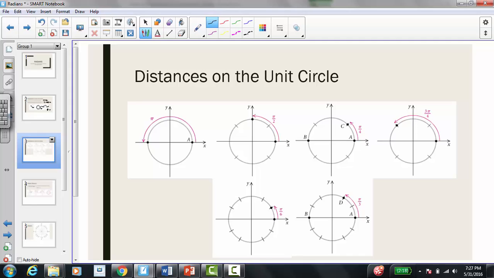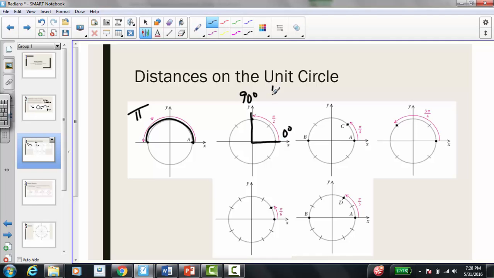On this screen, there's a bunch of different examples of the different distances within the unit circle, considering what we've just learned: if I go all the way around the circle, I have traveled a distance of 2 pi. If I go halfway, I have traveled a distance of pi. If I've traveled from 0 degrees to 90 degrees, that means I've traveled a quarter of that circle.